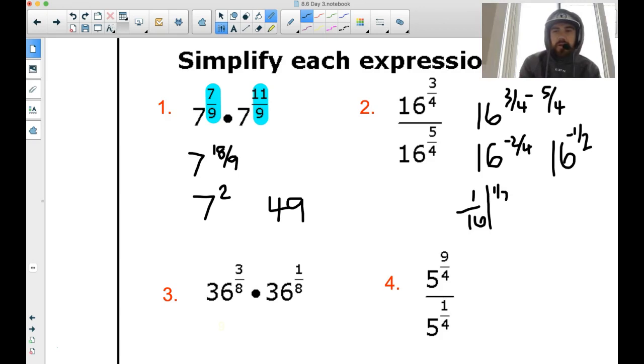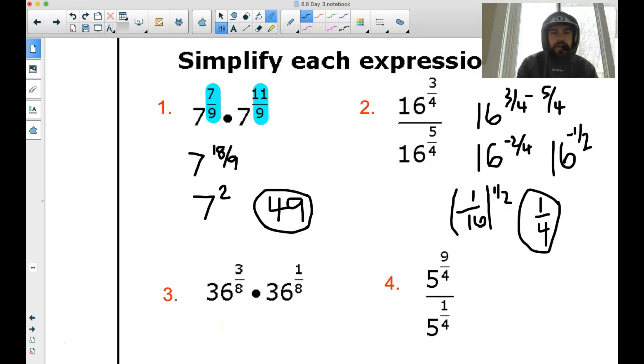Oh, it's really hard to write. I've been saying this the last couple days. To the half power is the same as square root. So the square root of 1/16 is the same as 1/4. Okay, so there's that. Here's 49.